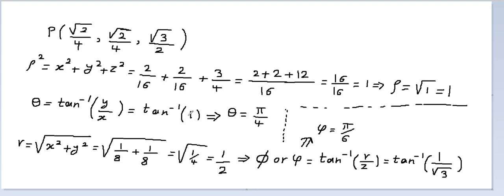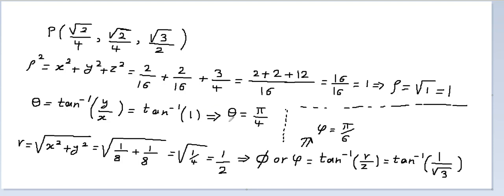We are looking for an angle whose tangent is 1, and this angle theta is between 0 and 2 pi. The point is located in the first octant, so the image of the point onto the xy plane is located in the first quadrant. So we are looking for theta whose tangent is 1, which is pi over 4.